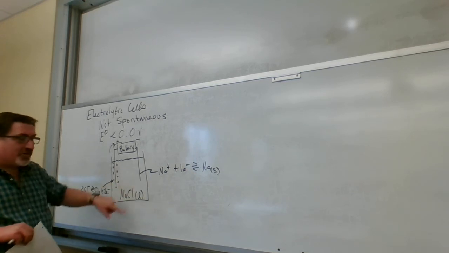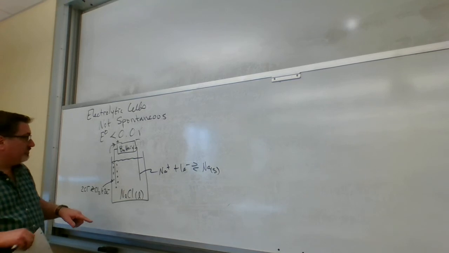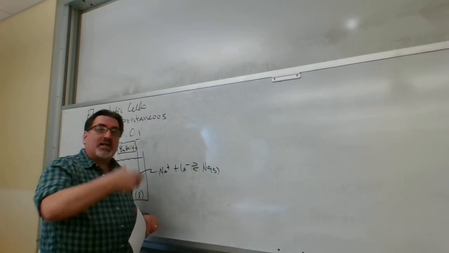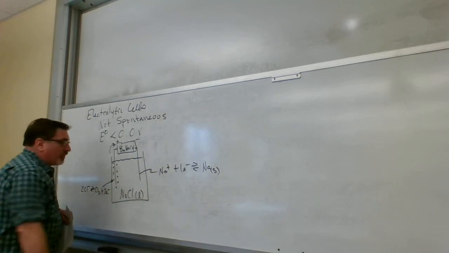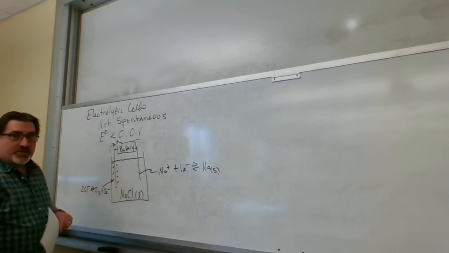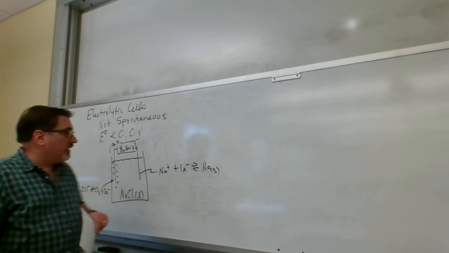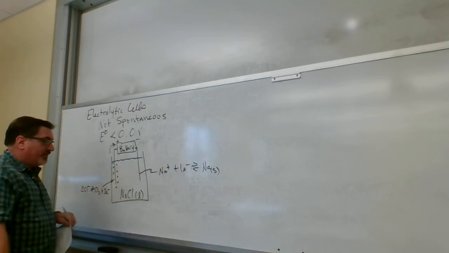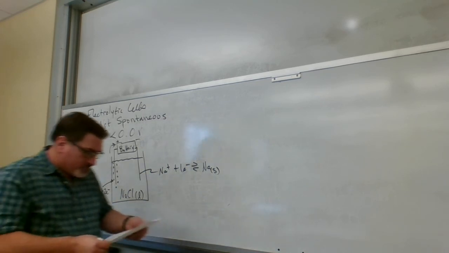If you look up the E0 for this process, it is not favorable. But the battery overcomes that non-spontaneous character and forces it to occur, and you can do this with lots of different metals, not just any one of them, but lots of different metals can be electrolytically generated from their salts. Okay?